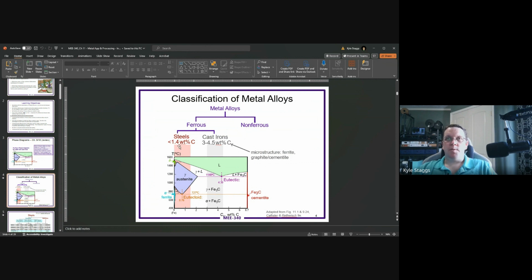So the normal steels were up to about 1.4. High strength steels are basically the things in between. Once you start getting over about 3, you get into cast irons. So something over about 1.4 to about 3% is the high strength steel region before we get into cast iron.